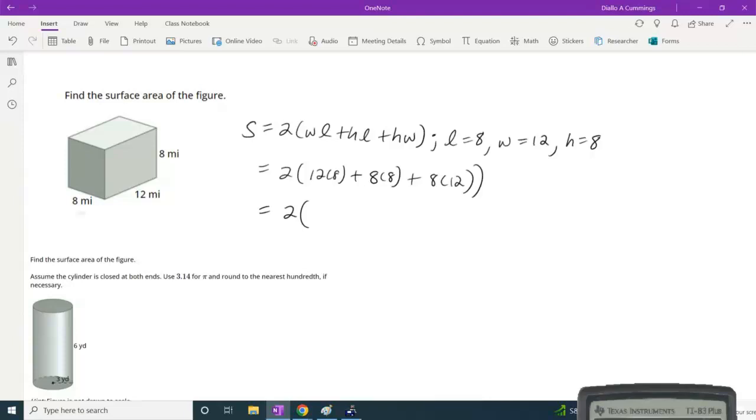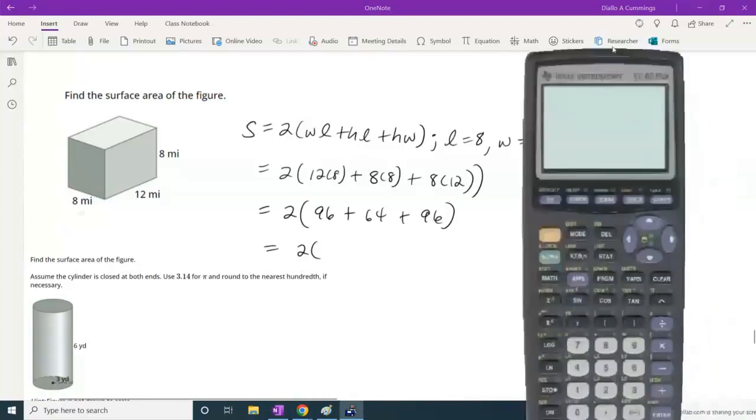And so that's going to equal 2. And then 12 times 8 is 96, plus 8 times 8, which is 64, plus 8 times 12, which is 96.